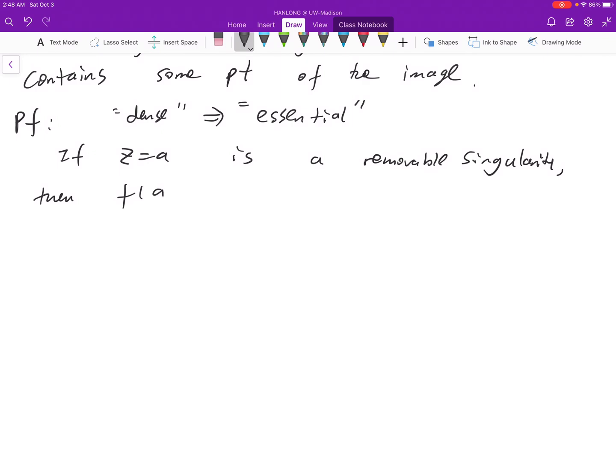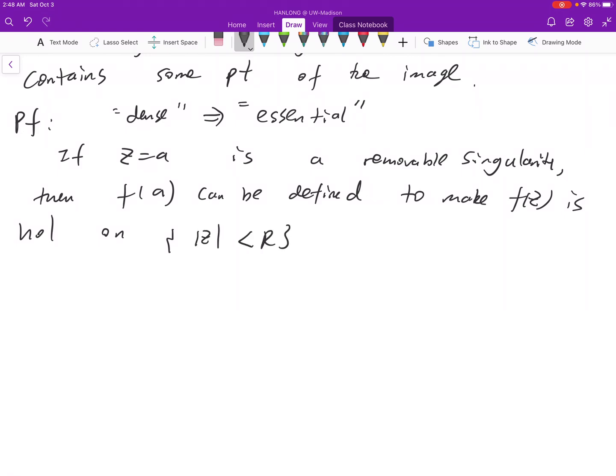Then f(a) can be defined because it's a removable singularity, to make f(z) holomorphic on the disk of radius R around a.